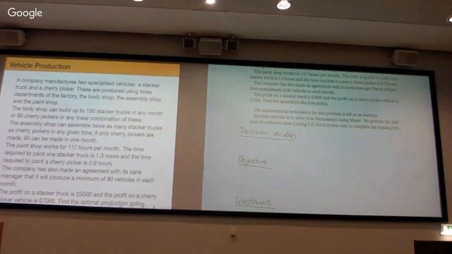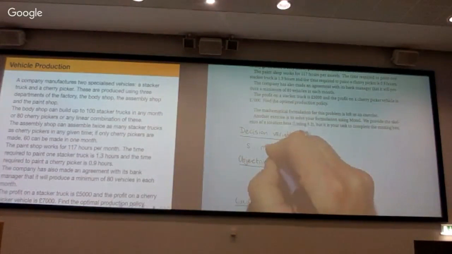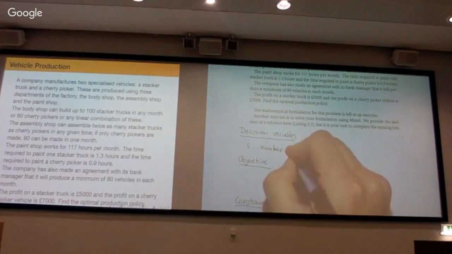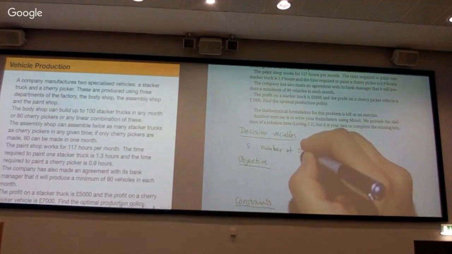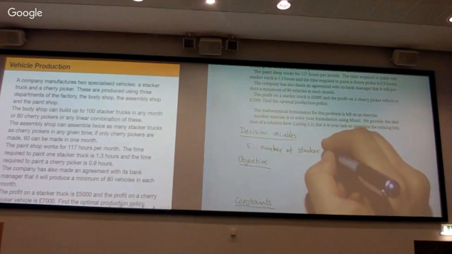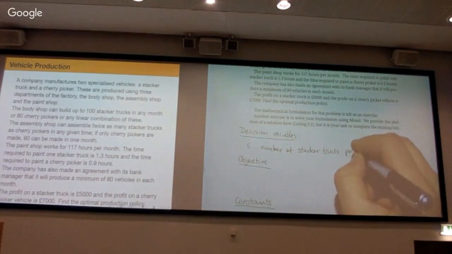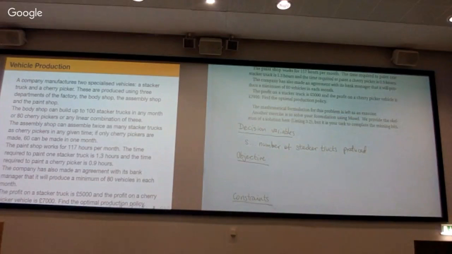What do I call them? I don't care. So I can call them S and C, for example. So S is the number of stacker trucks produced, I should say per month, because all the other numbers that appear in the text are per month.